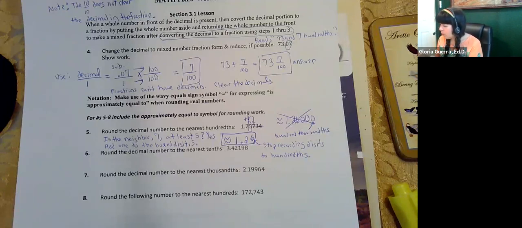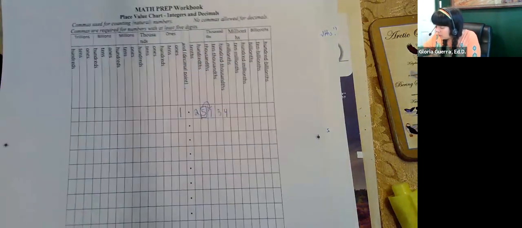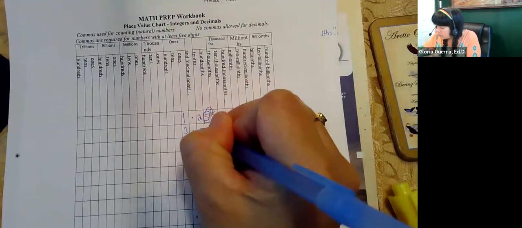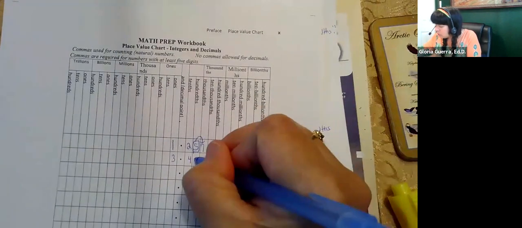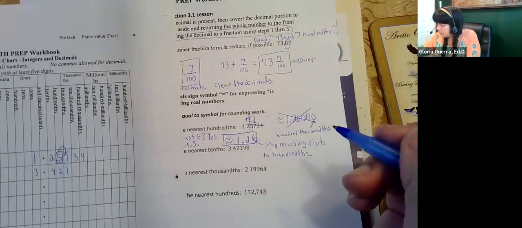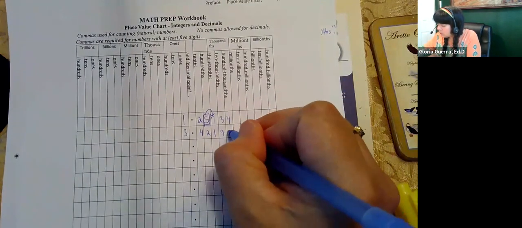Okay, number 6, round the decimal number to the nearest tenths. So if I go back again, 3.42198.